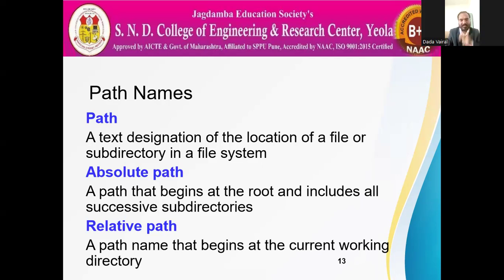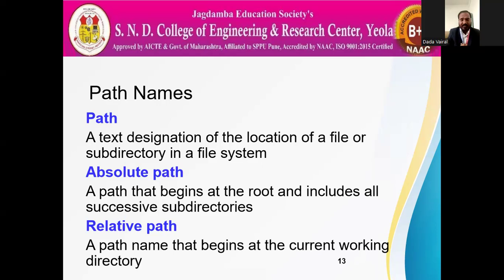2 types of paths are there: absolute path and relative path. What is absolute path? A path that begins at the root and includes all successive sub directories. That is absolute path. Means from root. In the previous slide, we saw that C location, then that directory, then sub directory, then that file. So that is the absolute path.